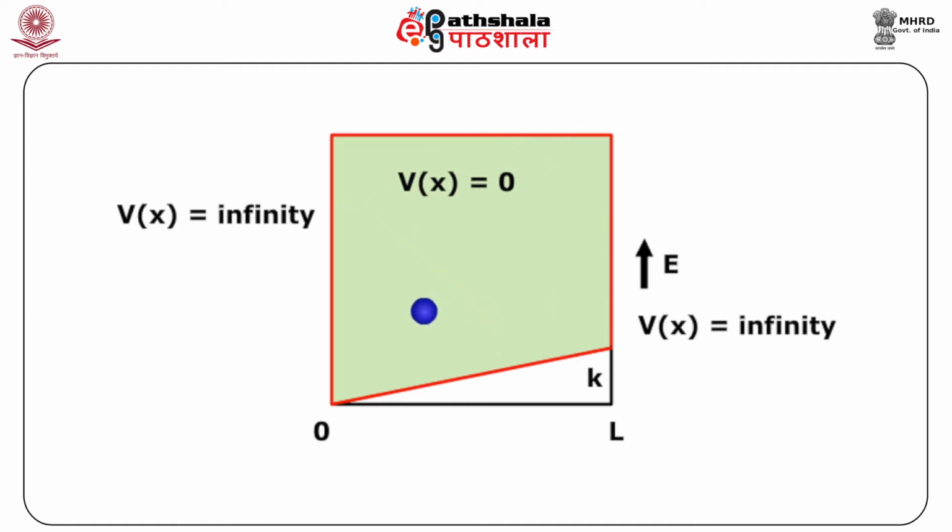Outside this box, the potential energy is infinity, but inside this box, the potential energy V(x) is equal to kx upon L, and the length of the box along the x-axis is L. That means it varies from x equals 0 to x equals L. So this is basically the representation of a particle in a box with a slanted bottom.